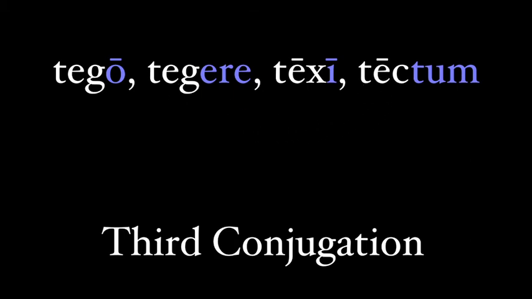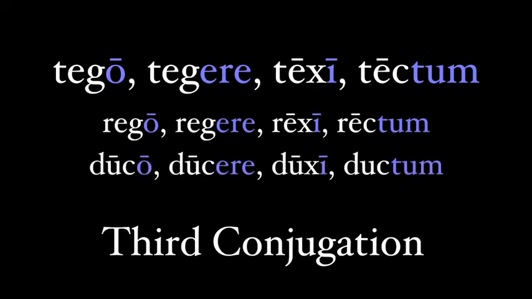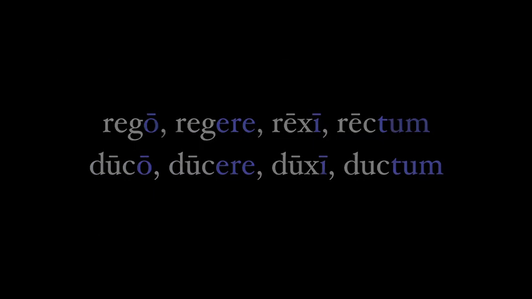In a similar manner, the G becomes a C before the TUM in tectum. You see this sort of thing happening with many verbs in the third conjugation, like rego, regere, rexi, rectum, and duco, ducere, duxi, ductum.